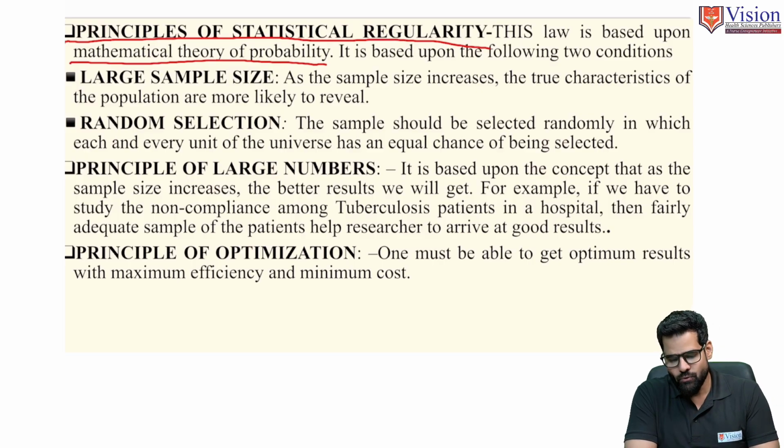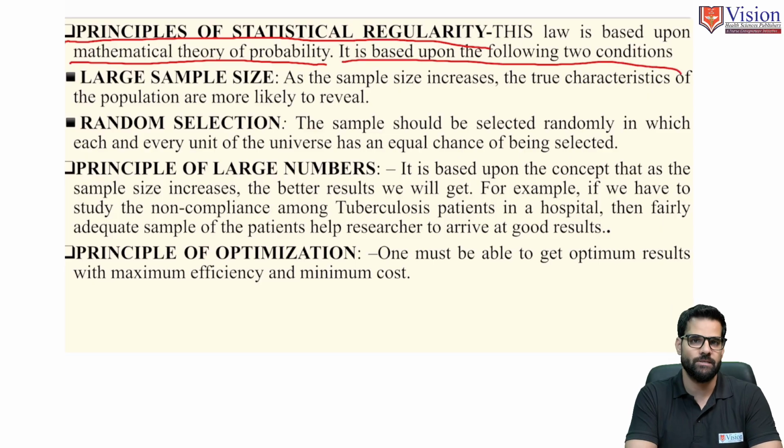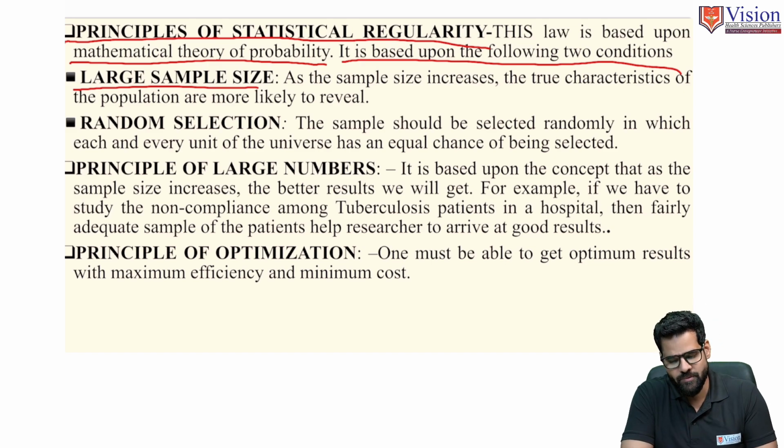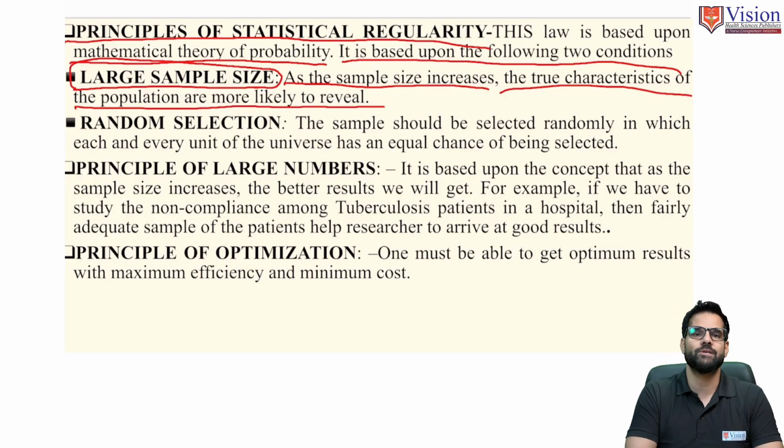What this theory says is based upon two major conditions. One is a large sample size. If you really want your sample to represent your population truly, then you should follow the principle of large numbers. What is that? As the sample size increases, the true characteristics of the population are more likely to be revealed.